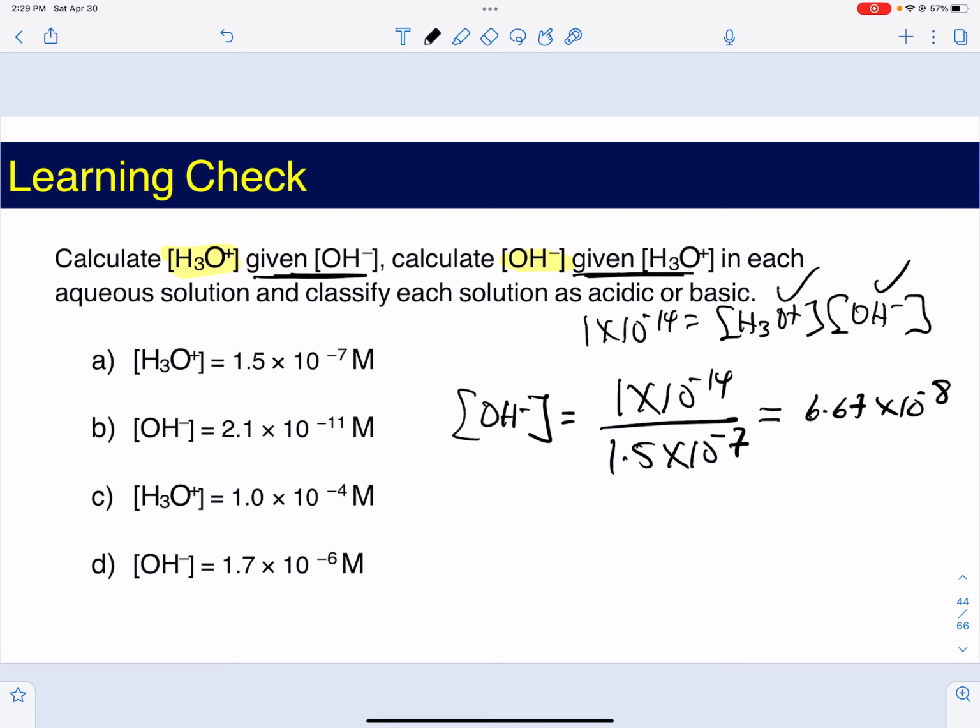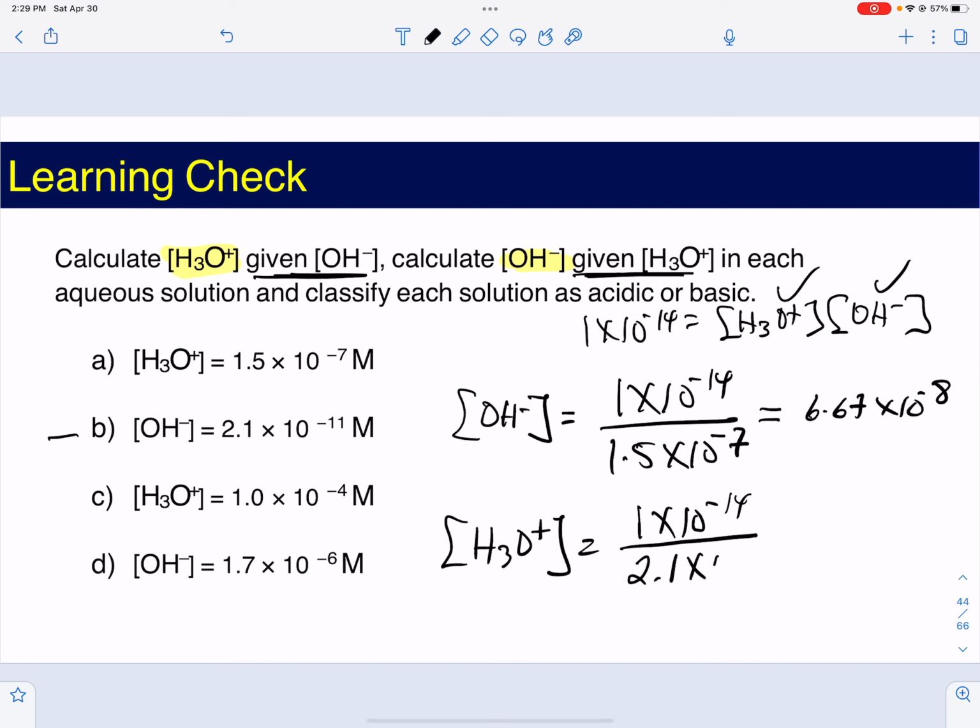For the second one, the hydroxide concentration is given, so I should be able to find the other one. And that's going to be 1 times 10 to the minus 14 divided by the hydroxide that is given, 2.1 times 10 to the minus 11.